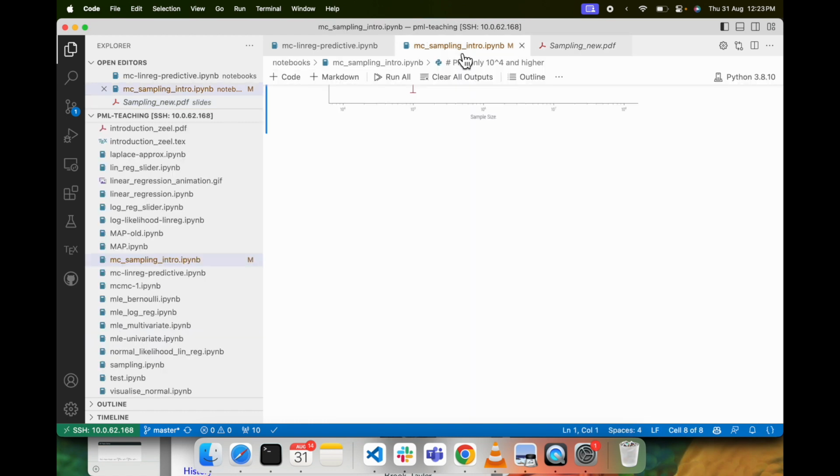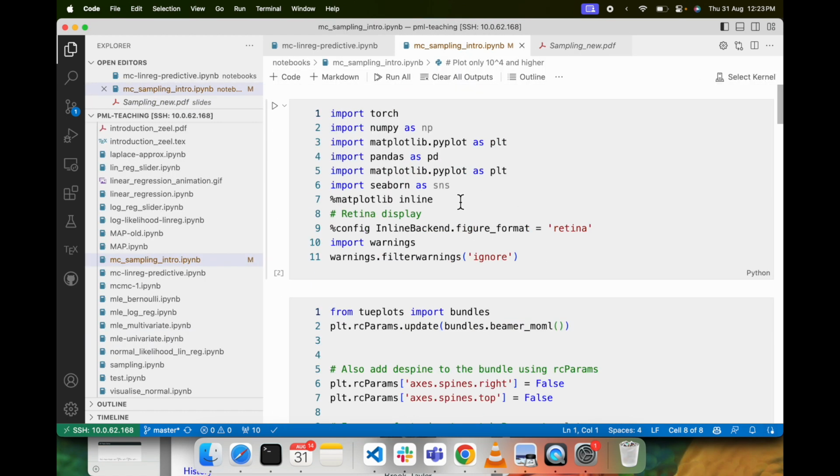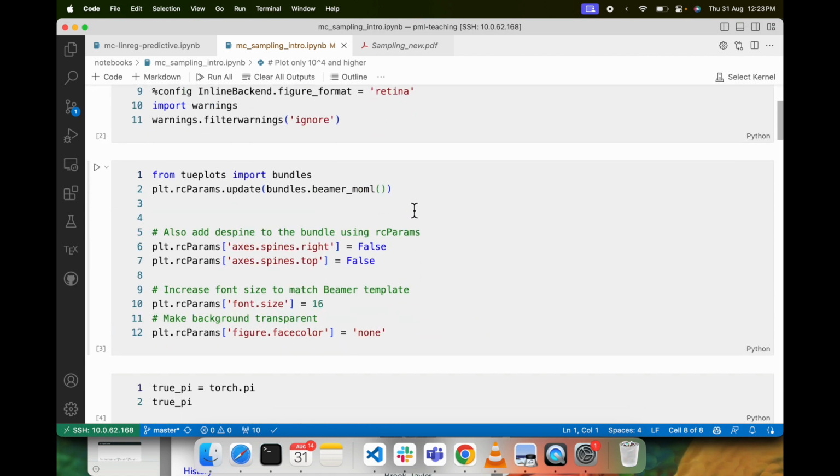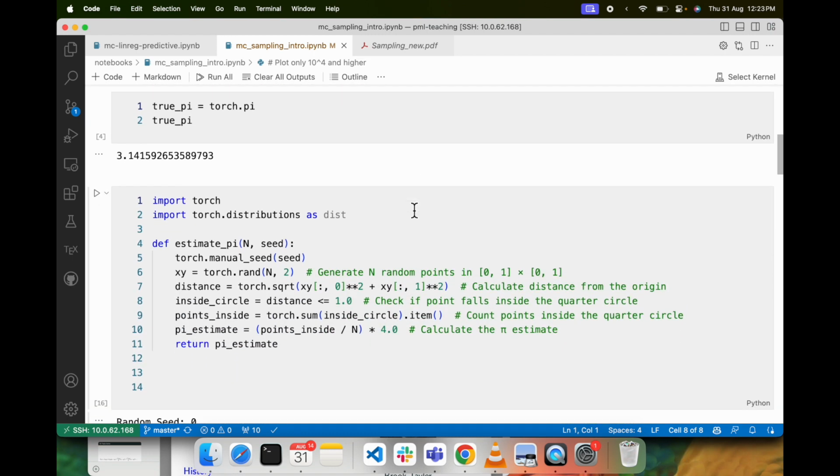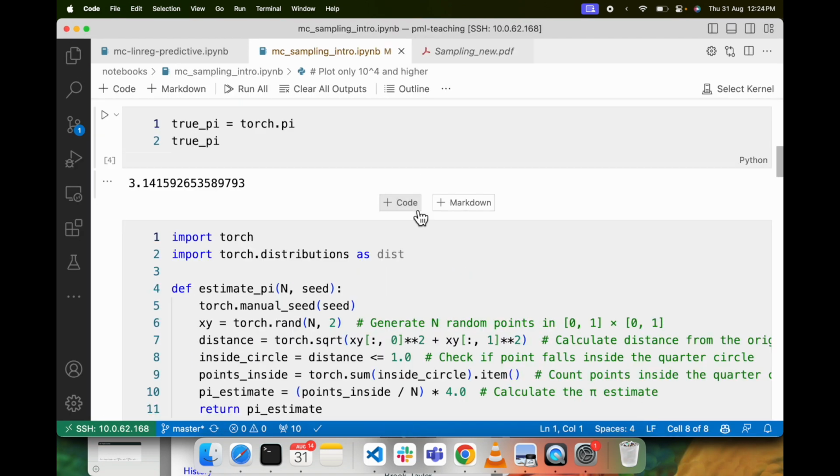So then all we're trying to show is, we know the true value of pi, which I've said is torch.pi. This has a certain finite amount of precision. Maybe we could have used more. So this function is all we need to understand now.